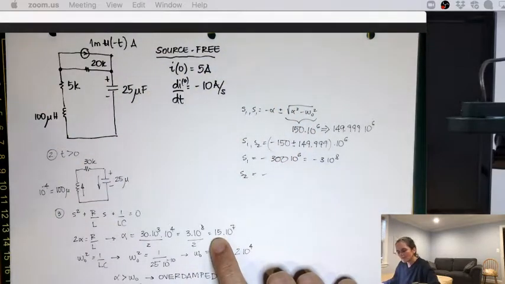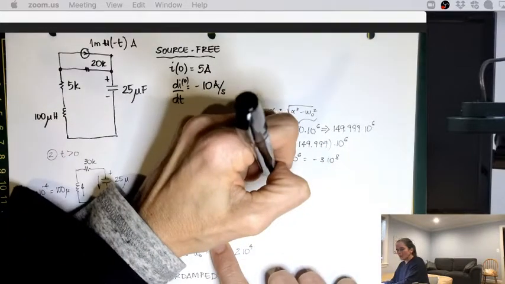Minus, let me see, 150, it's going to be minus 1.3.